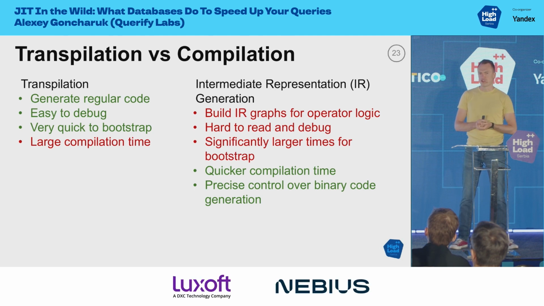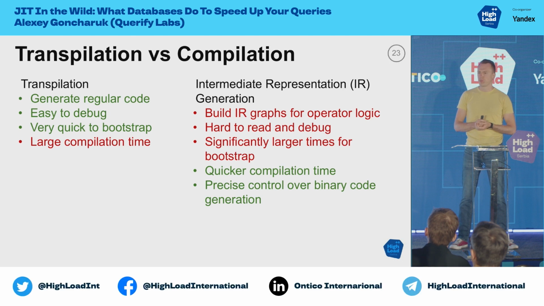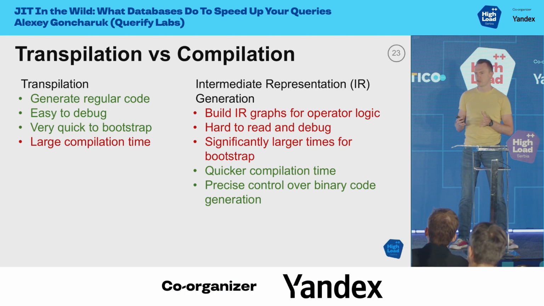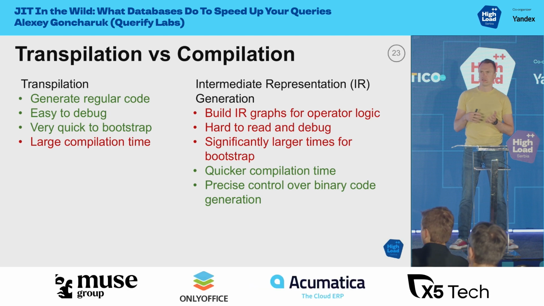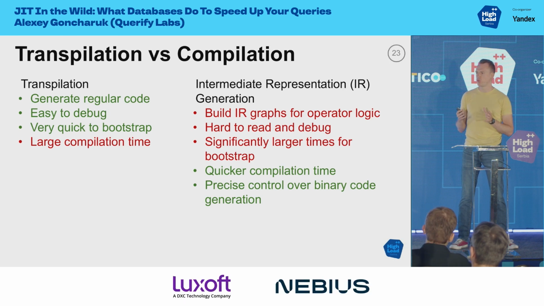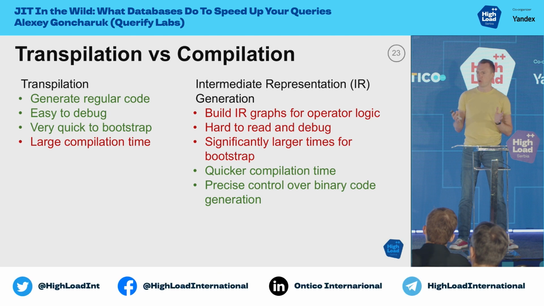The IR generation is more complex in the sense that, first of all, you need to get familiar with the IR of the framework that you're using. You need to adjust your code to the specifics of that approach. And moreover, when you express the algorithm that you want to compile, you need to express it not in regular code, but in the IR.